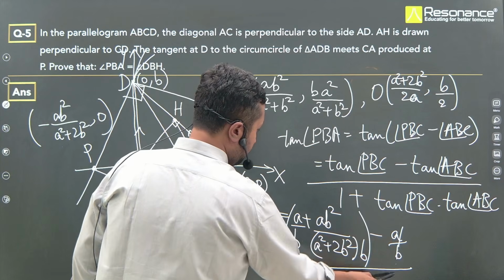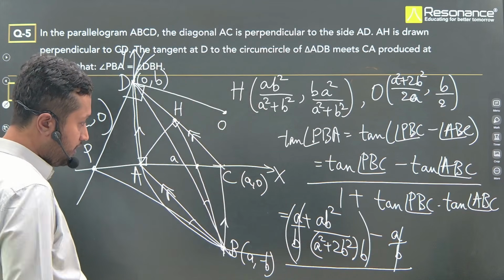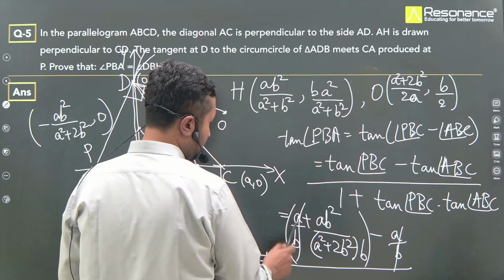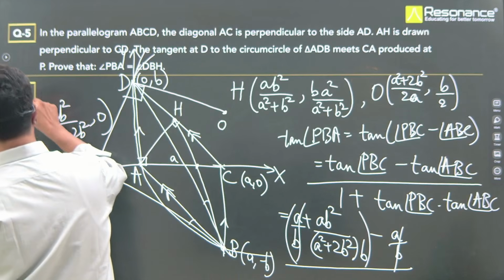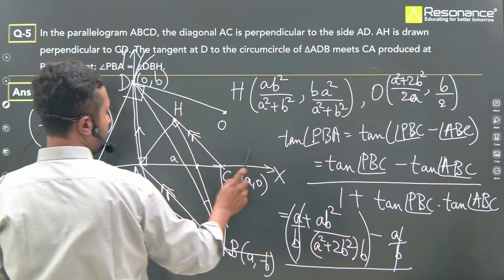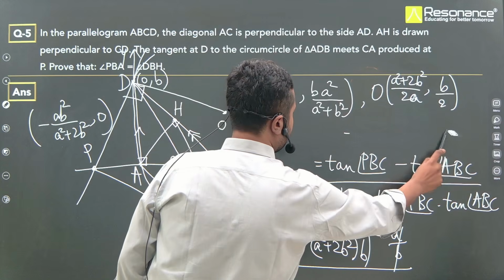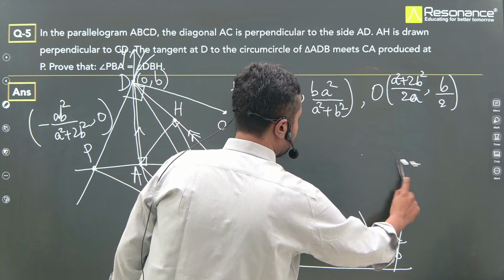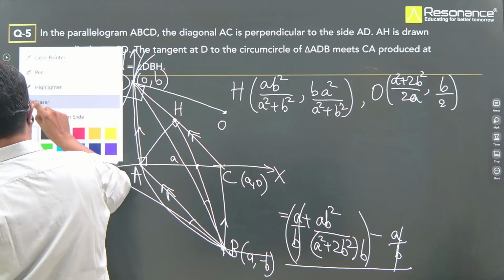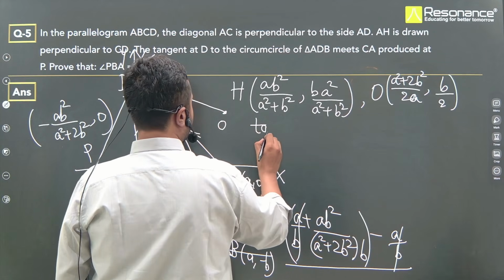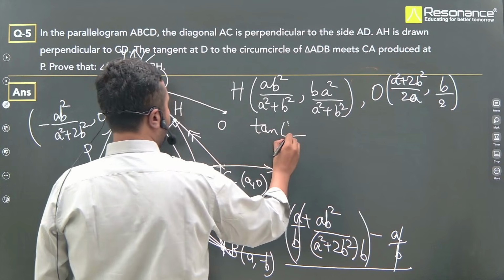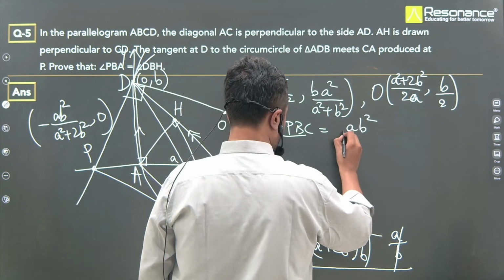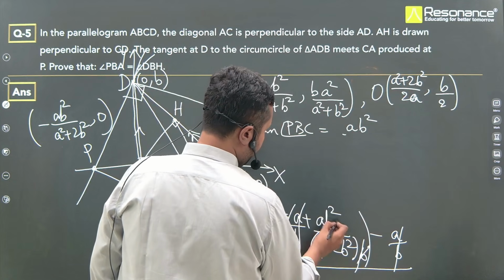So once you do that, the numerator already simplifies. It is AB square divided by this quantity. So I'll just write the final expression. So tan PBC is that thing, AB square. Yeah, even here you can remove one B, right?